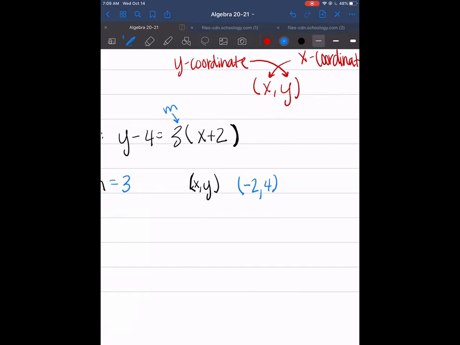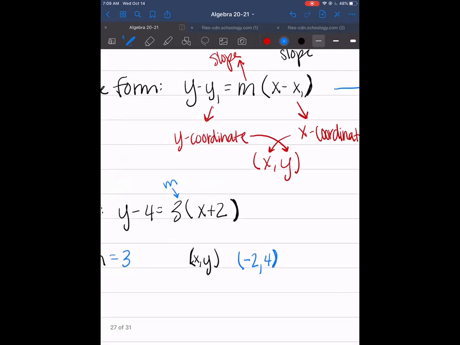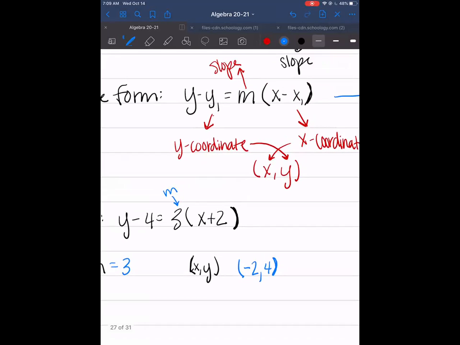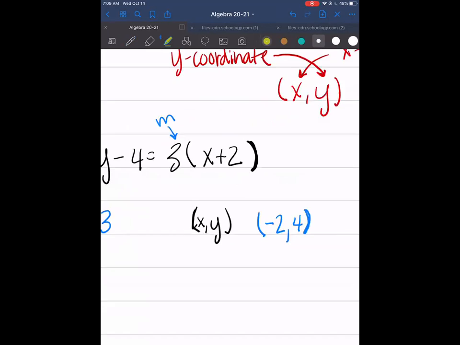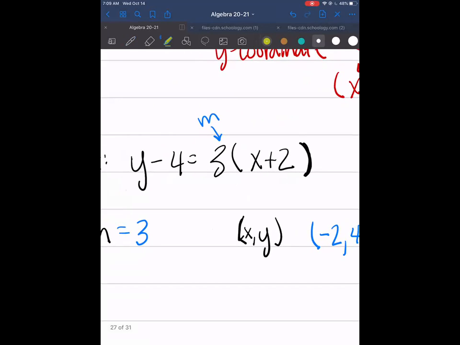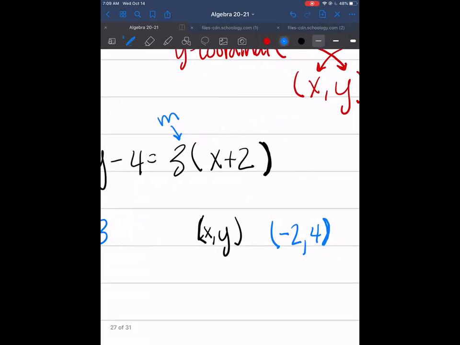Now you might be wondering, where did I get the negative for the 2? Our formula for point slope form has y minus y1 and minus x1. If I have a positive, that means that I'm really saying minus a -2, which then turns into a plus.